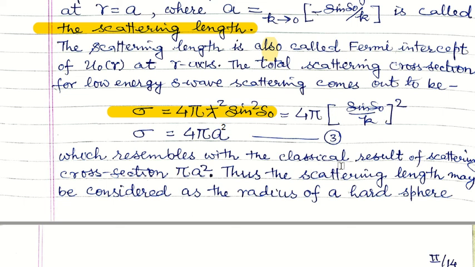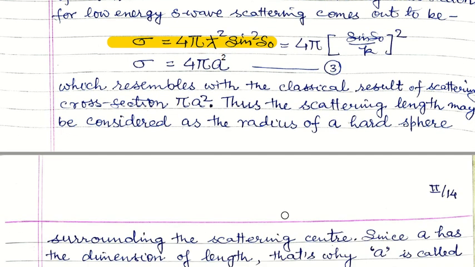As we have seen in classical mechanics, the scattering cross section comes out to be pi a square. This is the area of a circle, pi a square in classical mechanics. But here this is the total surface area of a sphere, a hard sphere of radius a. So the total scattering cross section is the total surface area of a sphere of radius a surrounding the scattering center.